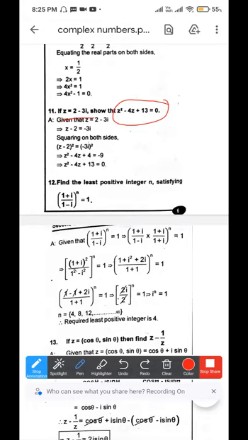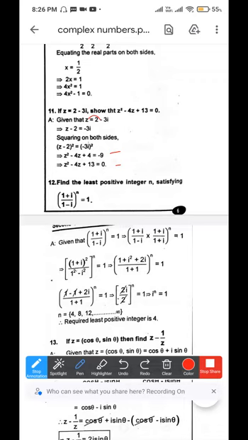Given that z is equal to 2 minus 3i, so z minus 2 is equal to minus 3i. Square on both sides. After squaring on both sides, simplify and you will get the answer. z minus 2 whole square is equal to minus 3i whole square. Open the squares and you will get the final answer.